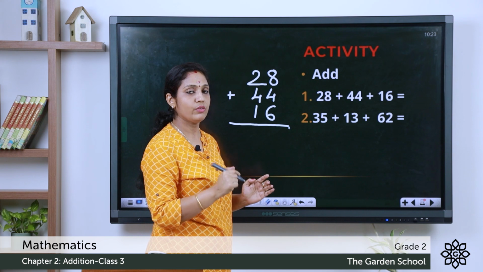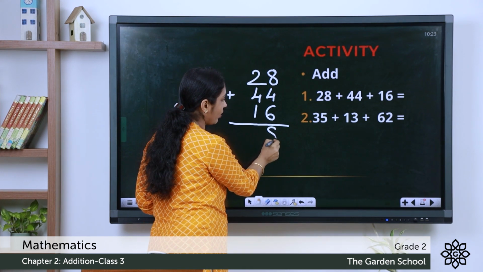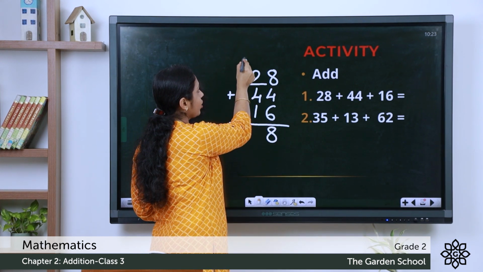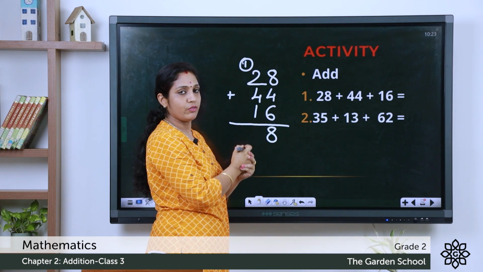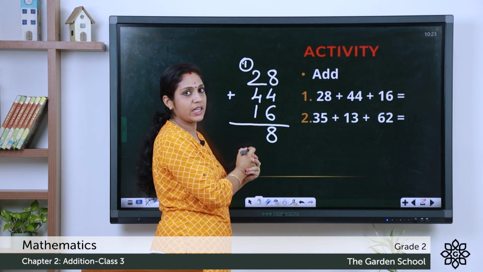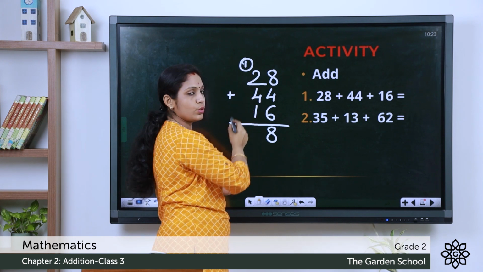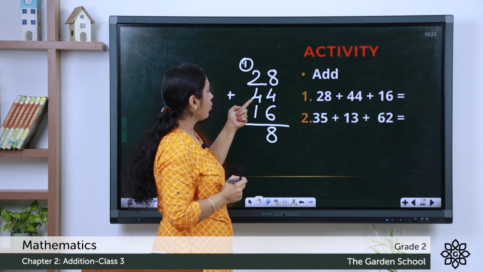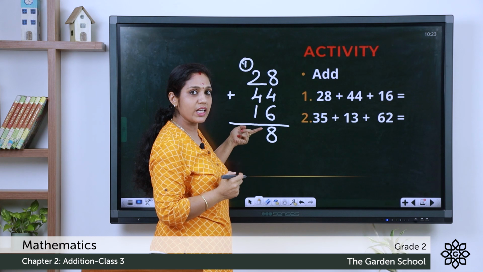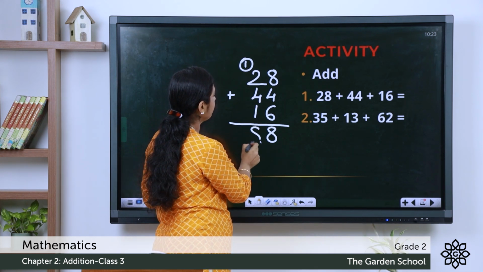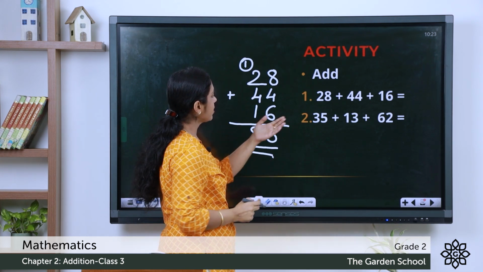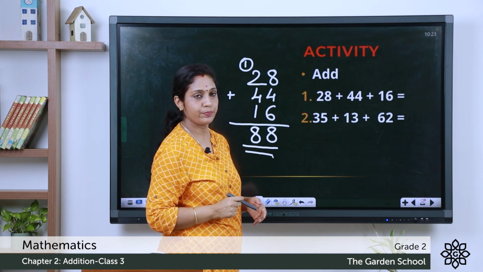So what we have to do? We have to write the 8 here in the ones place, and 1 we are carrying it over to the tens place. We are adding that one with the numbers in the tens place. 1 plus 2, 3. 3 plus 4, 7, and 7 plus 1 is 8. So the answer is 88.